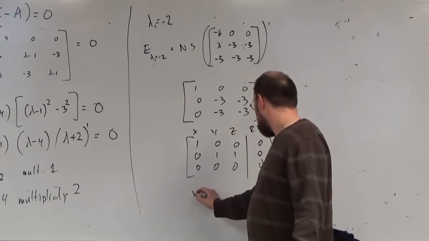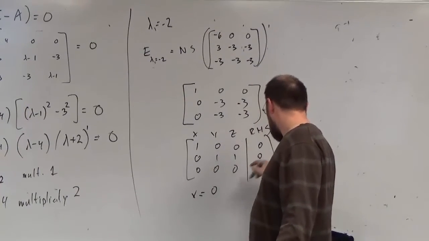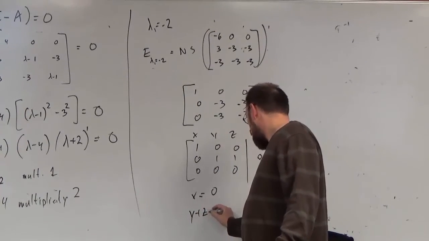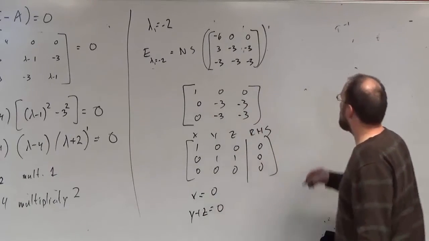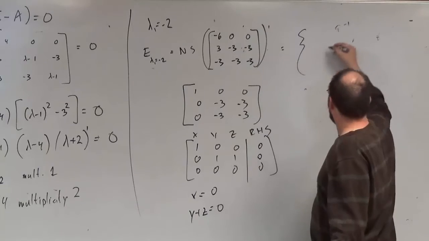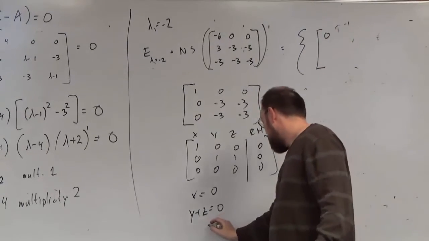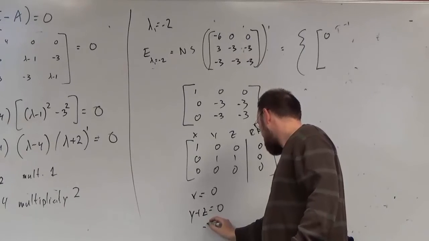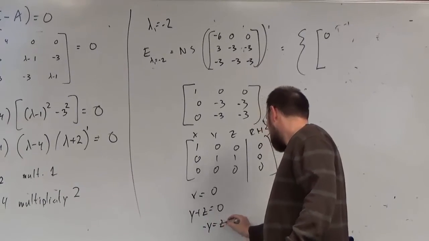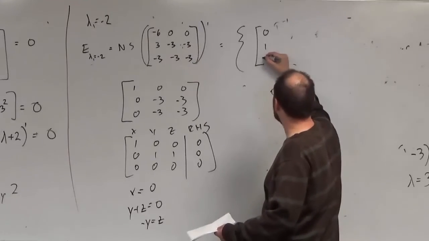So we get that x has to be 0. Then we get y plus z has to be 0. So the eigenspace is going to be, well, x has to be 0, and z equals the negative of y. So if y is 1, z is negative 1.